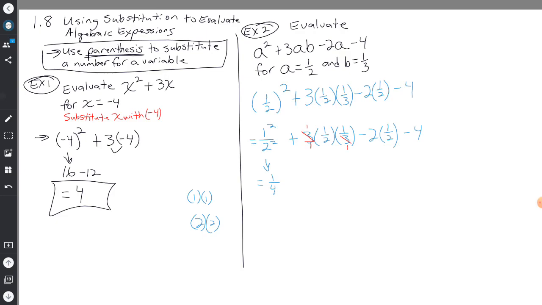So the 1 over 1s we don't need, because when we multiply everything top to top, 1 times 1 times 1 still gives us 1. And then 1 times 2 times 1 gives us 2. So we get 1/2 out of that. Let's bring down the minus.